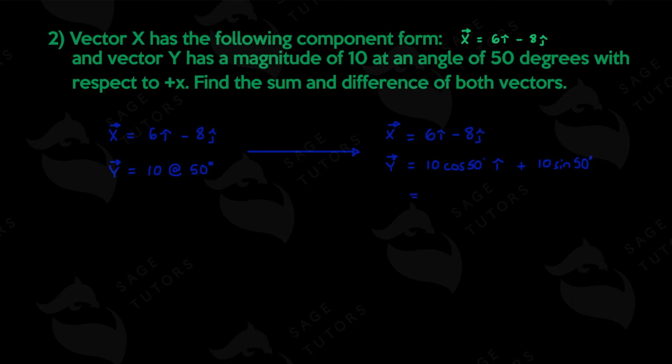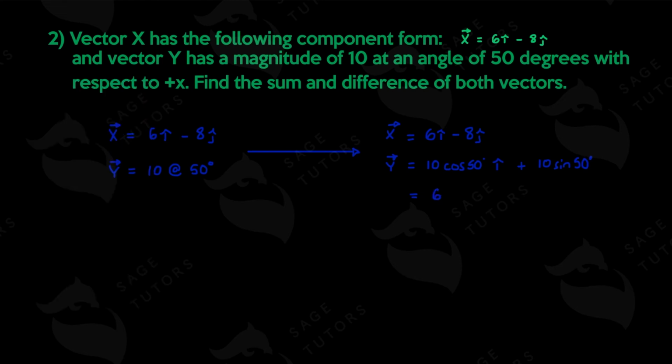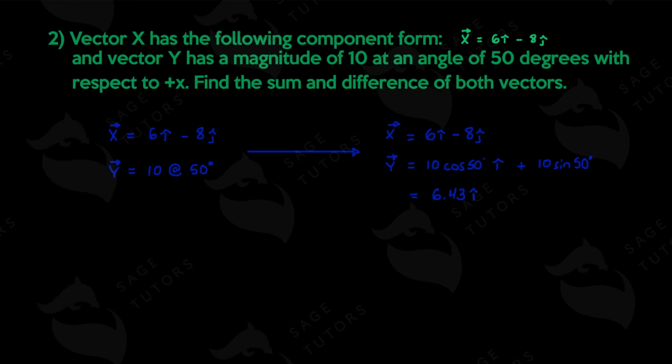So in other words, we can use the calculator in order to find both components. So 10 cosine of 50 would give me 6.43. Let's round this number to 2 decimal places. So it would be 6.43i, and 10 sine of 50 would give me 7.66.